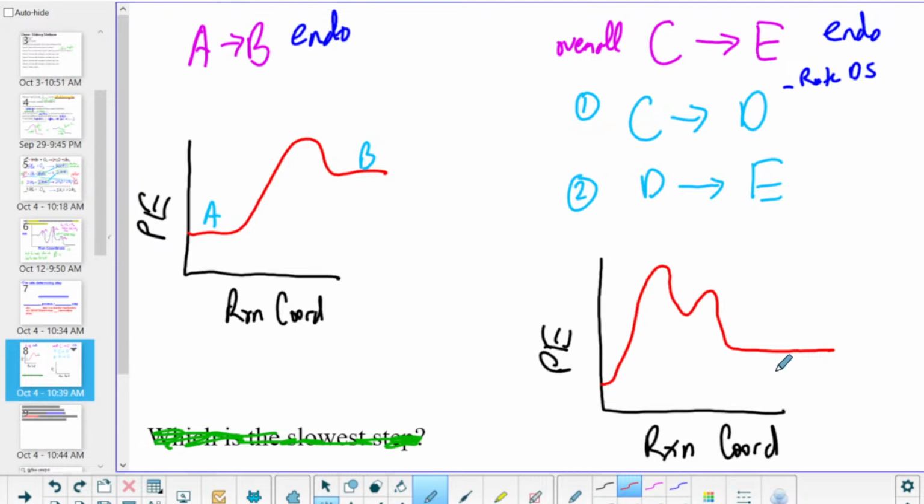This has a delta H that's positive. And we would start off with C, D, and E. Now, D is made and then is destroyed.